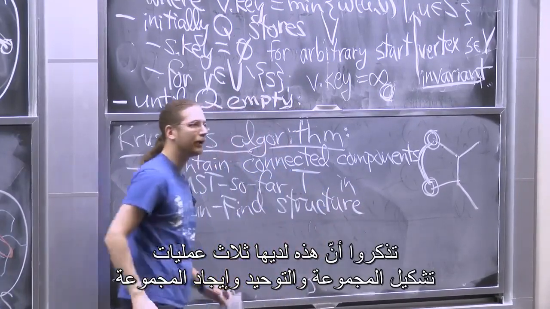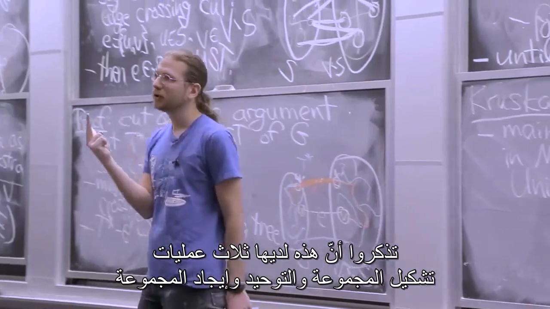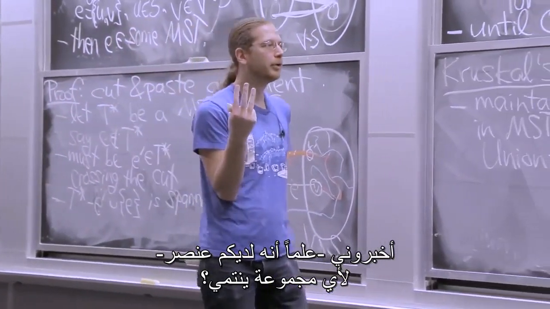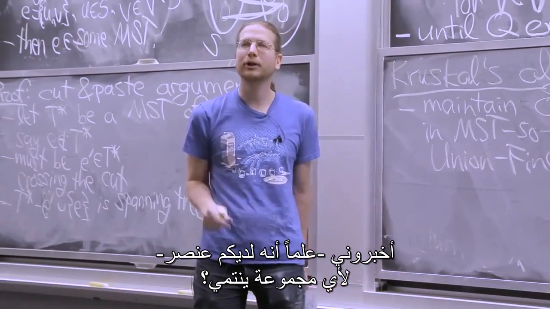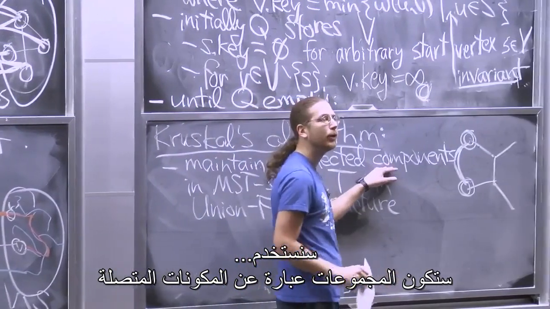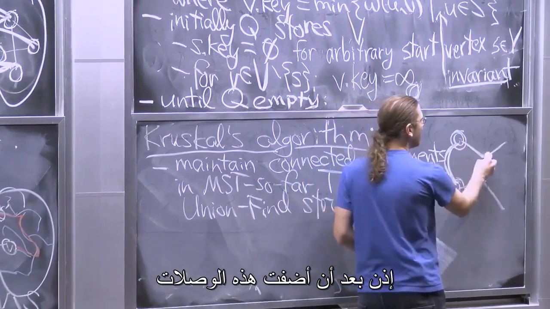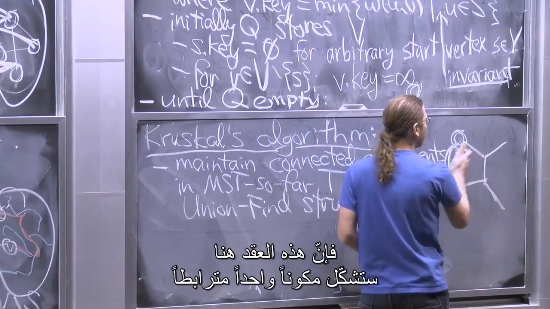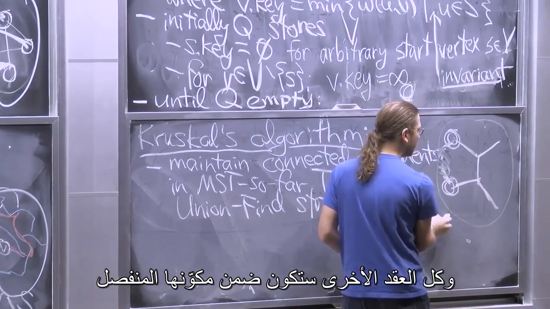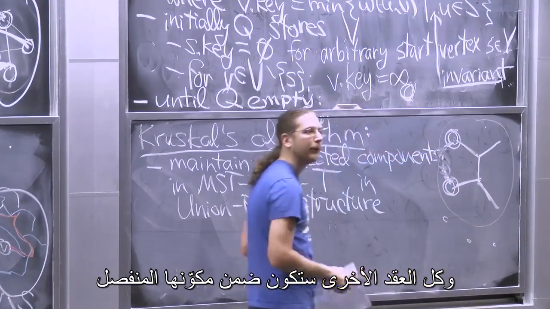Remember, this had 3 operations: make set, union, and find set. Tell me, given an item, which set does it belong to? We're going to use that. The sets are going to be the connected components. So after I've added these edges, these vertices here will form one connected component, and everybody else will just be in its own separate component.